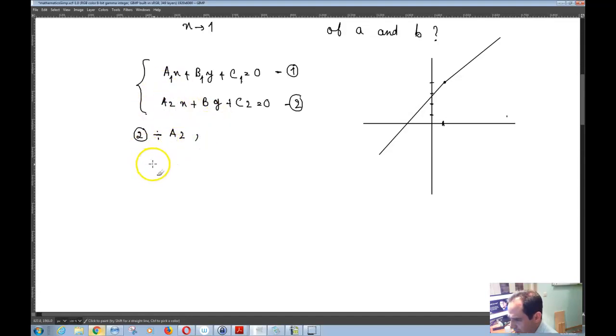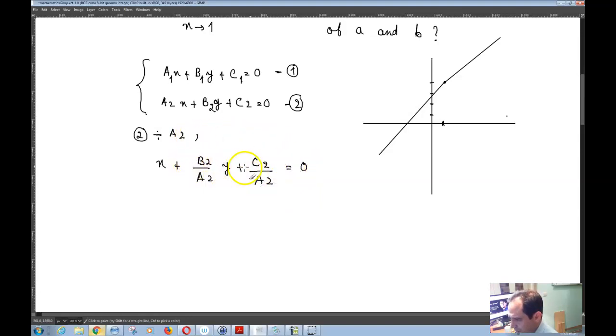So I will get x plus b2 over a2 times y plus c2 over a2 is equal to 0.